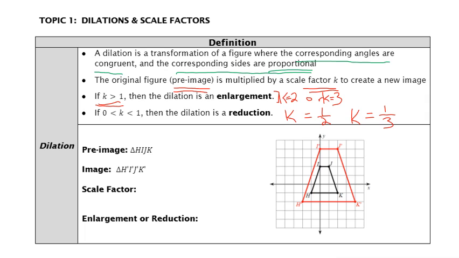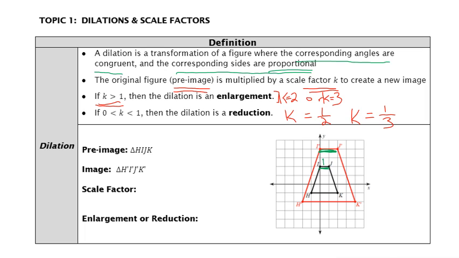So one example you might see is where they give you a diagram, and you're really just going to match up the corresponding sides and compare them. So in this example, we would see IJ has a length of 1, and then we call the new image HIJK prime, right?